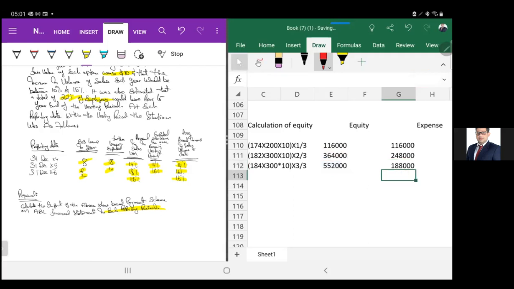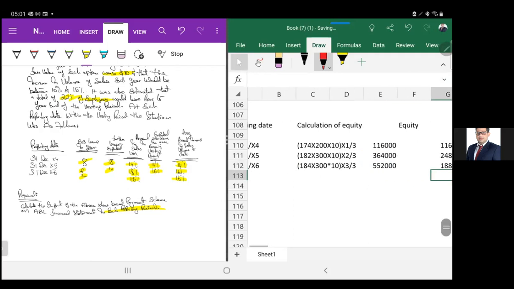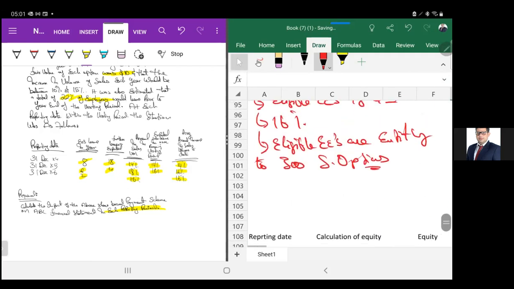Yes, because it is the expense of the last 2 years. We will get 188,000 for the year 3 expense, and that's it. That's how you need to do it. I hope you got it.